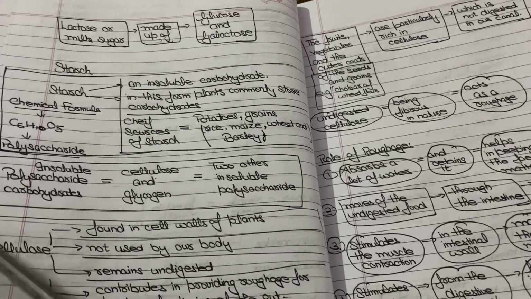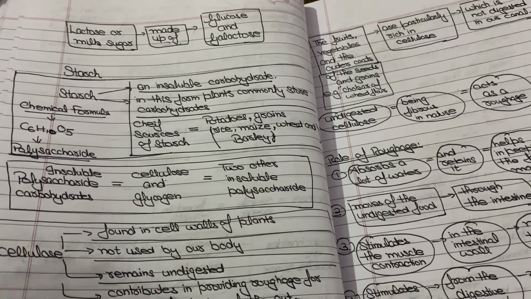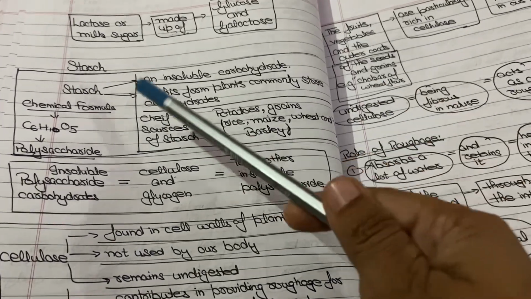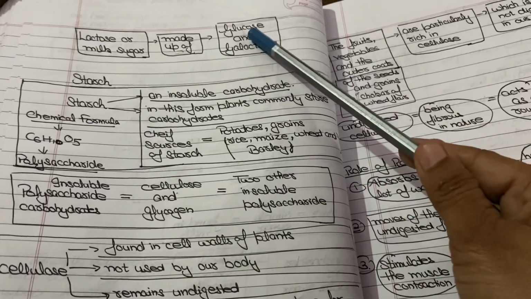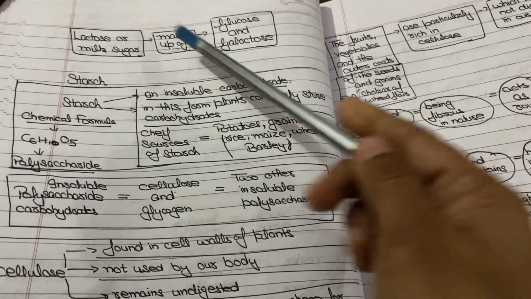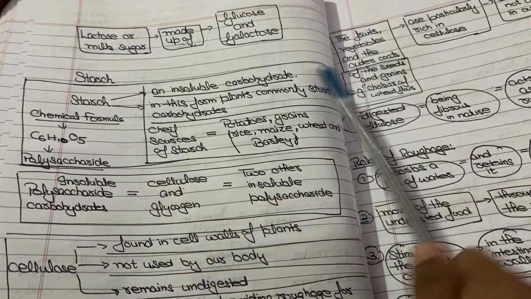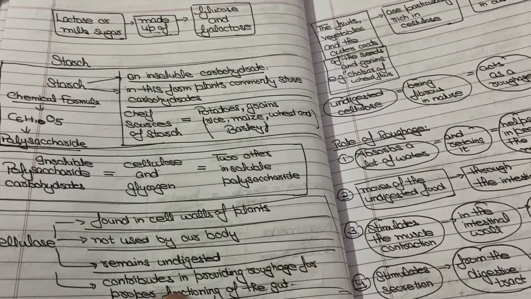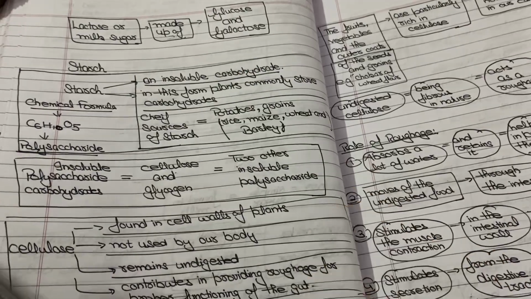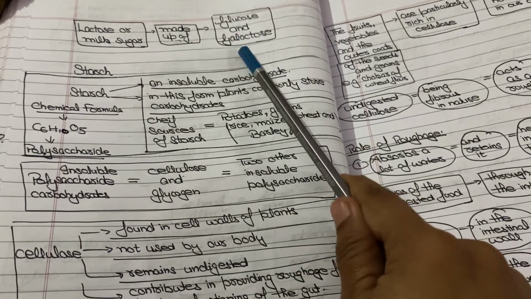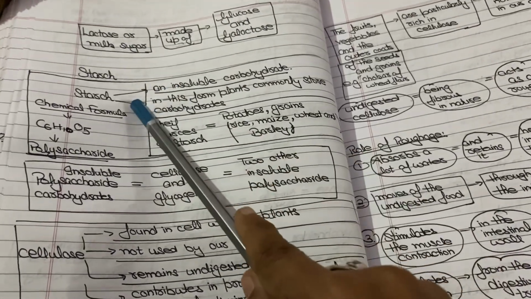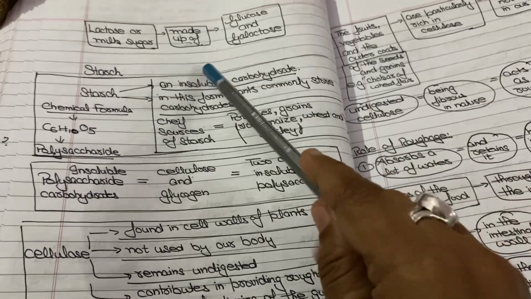It is maltose, and glucose plus fructose is sucrose, and glucose and galactose is milk sugar or lactose. Okay, clear? These are the disaccharides which we did now: sucrose, maltose and lactose.